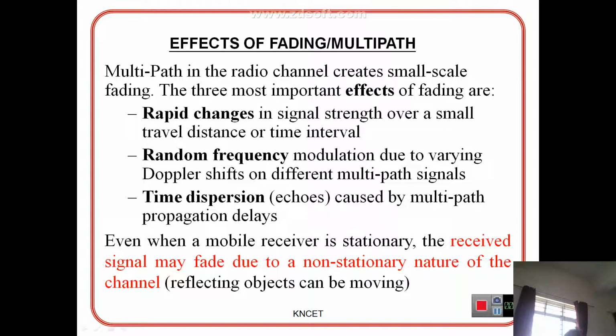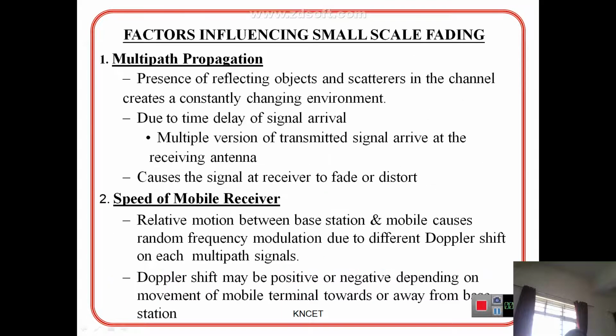Random frequency modulation is due to varying Doppler shift on different multipath signals. Time dispersion means echoes caused by multipath propagation delays. Even when a mobile receiver is stationary, the received signal may fade due to the non-stationary nature of the channel, because the reflecting objects can be moving.